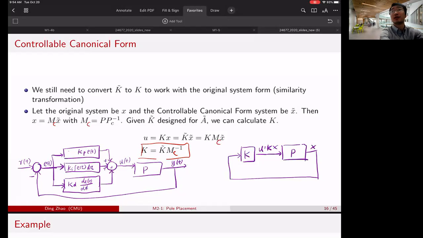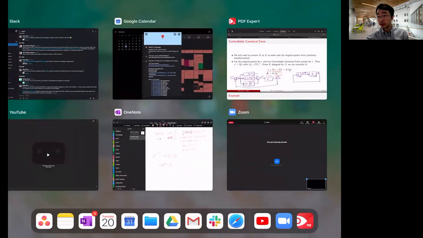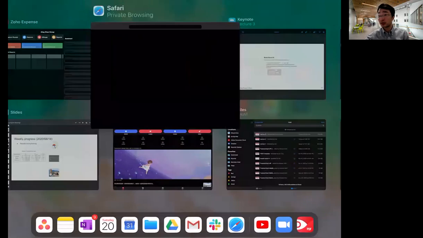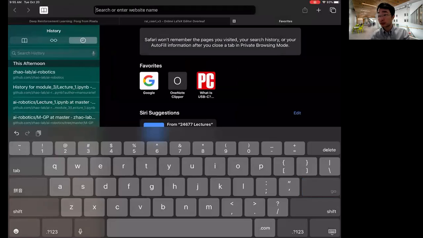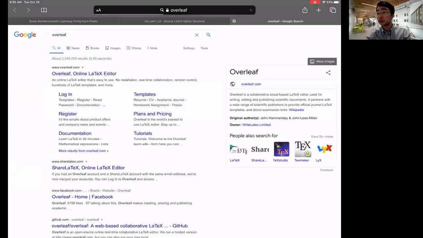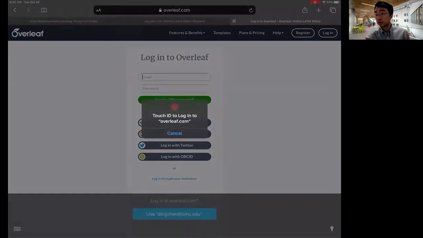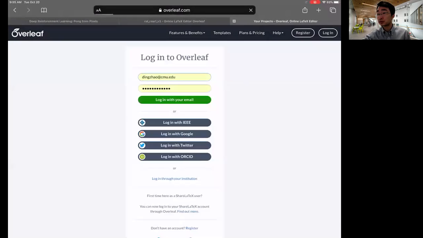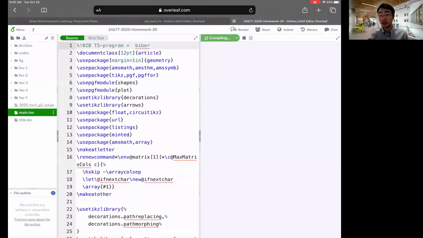Okay, and I also want to quickly tell you there is a typo in homework 5.